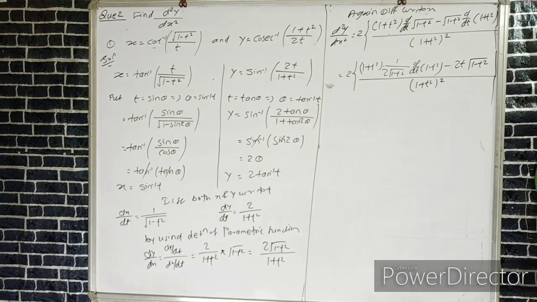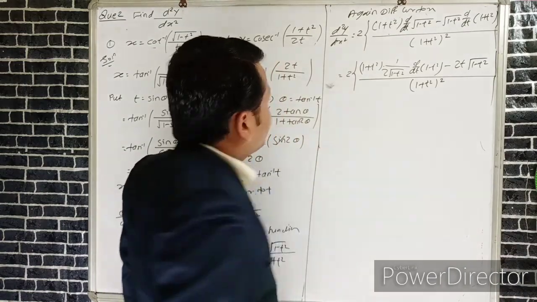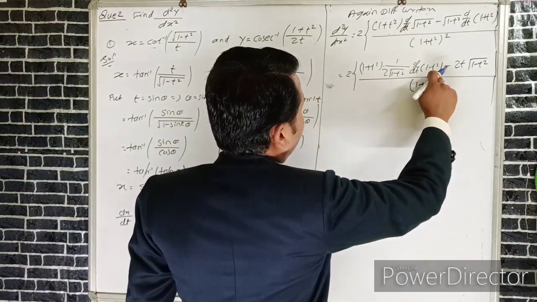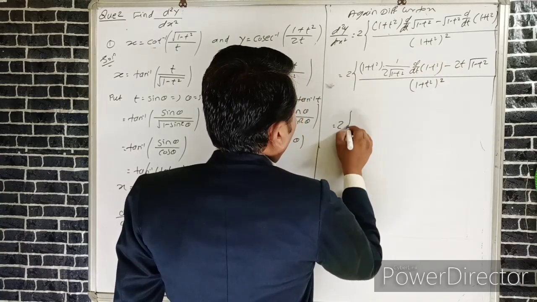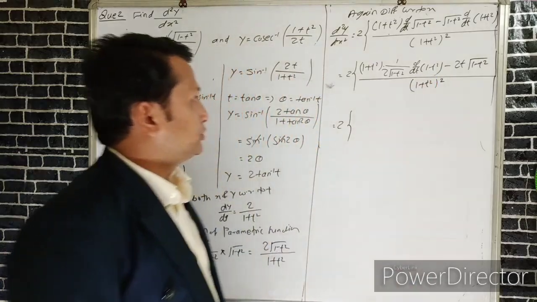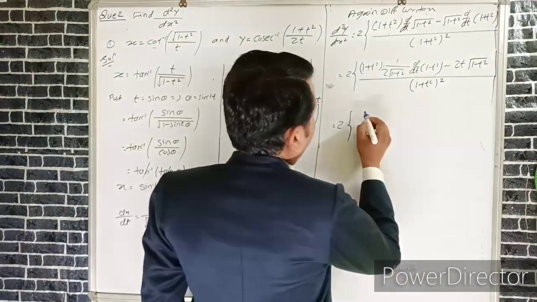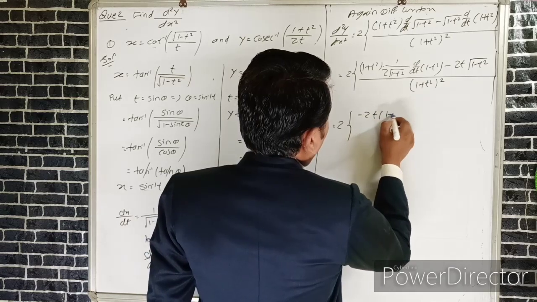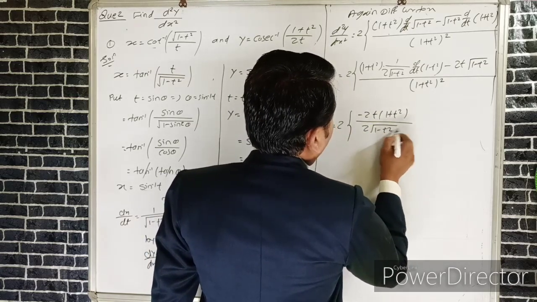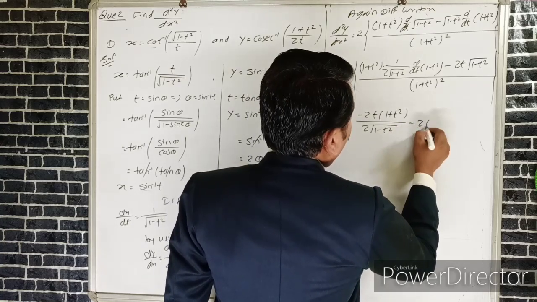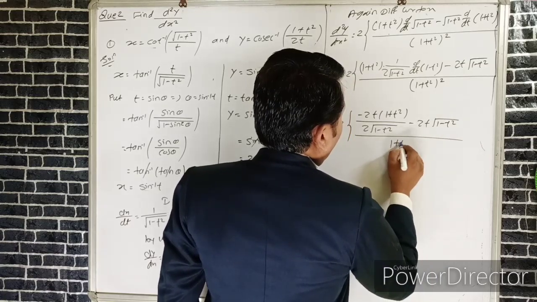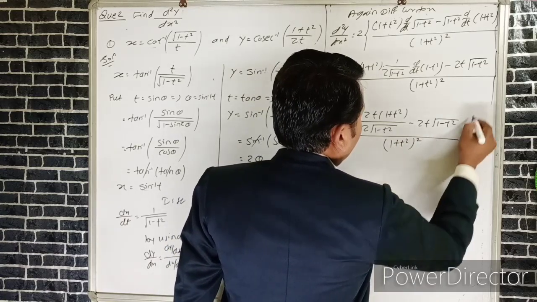Now again, the derivative of 1 minus t square is minus 2t, so we can write 2 into minus 2t into 1 plus t square upon 2 under root of 1 minus t square, minus 2t under root of 1 minus t square upon 1 plus t square whole square.